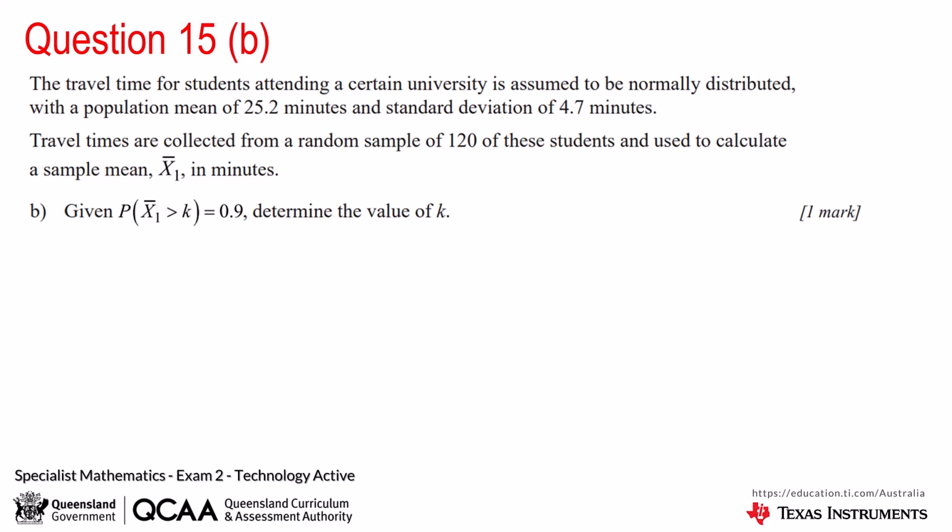Question 15b is worth 1 mark, and we're asked to find the value of k, which is a time in minutes, given that the probability that the sample mean is greater than k is equal to 0.9. So I would advise you to draw a normal distribution curve diagram.